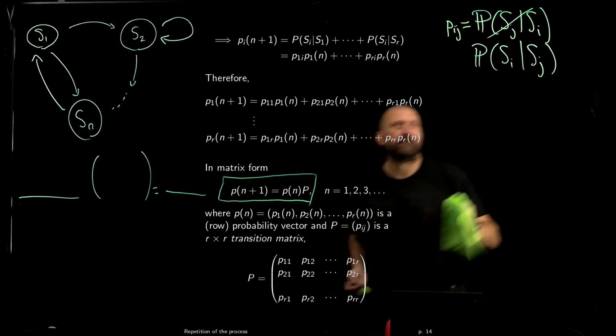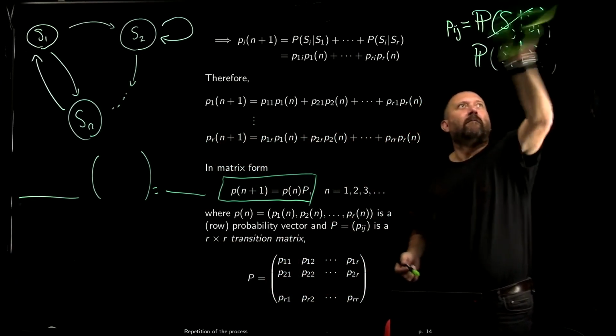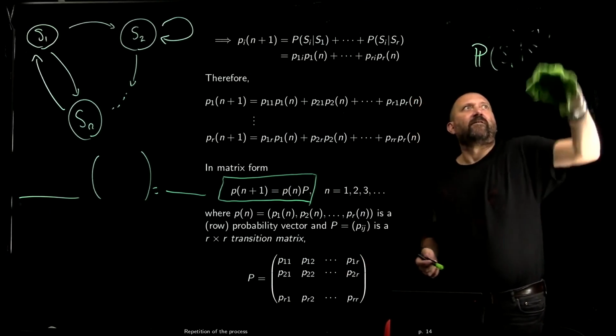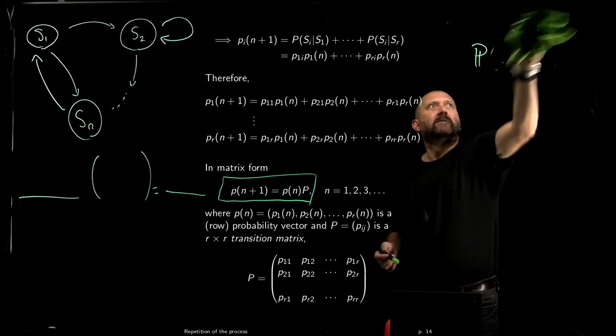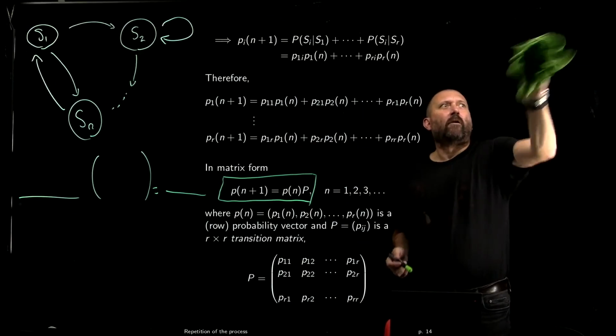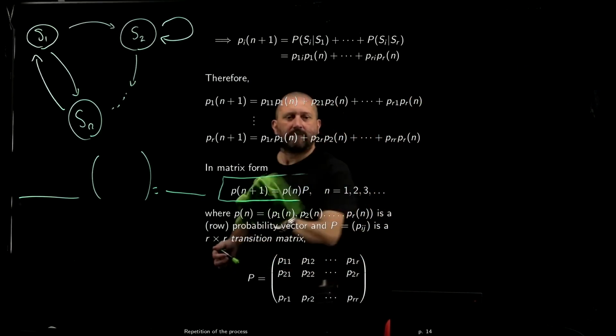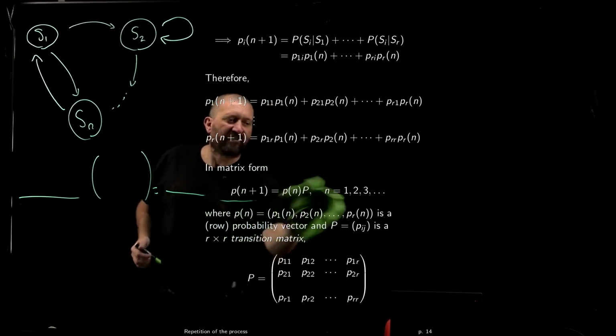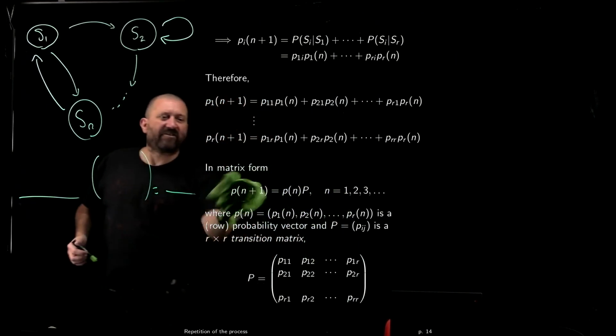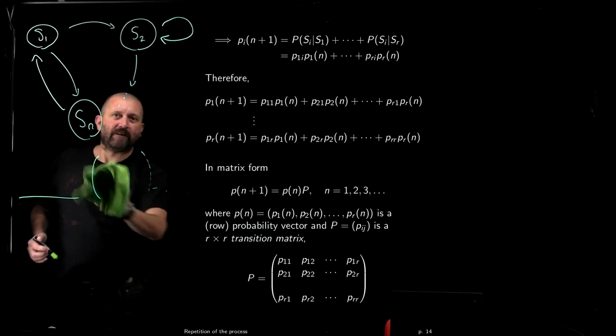So what's important is we can write this evolution of the probability vectors as a system. It's actually a sequence.